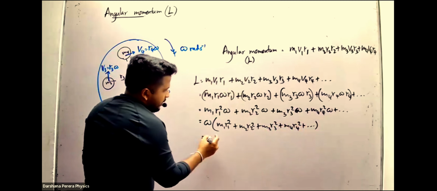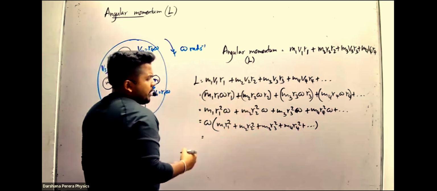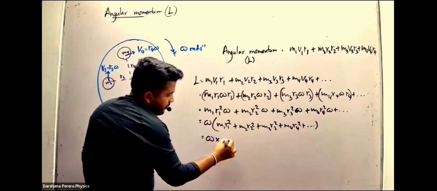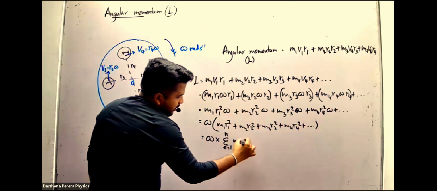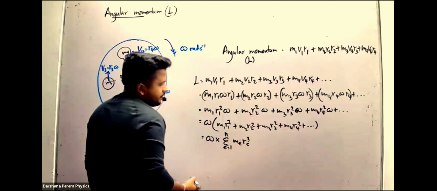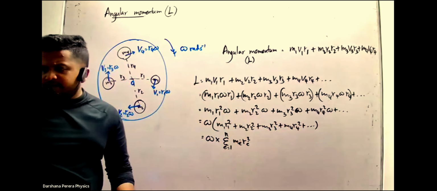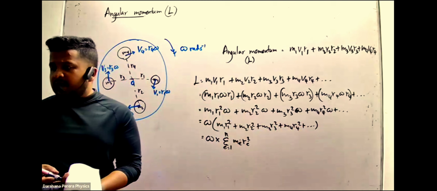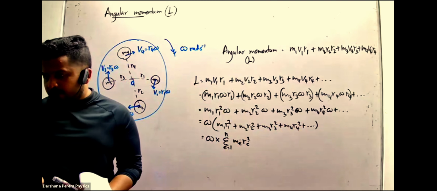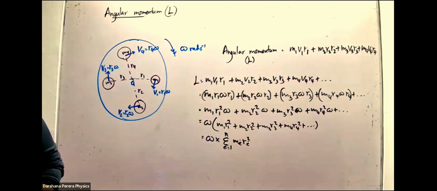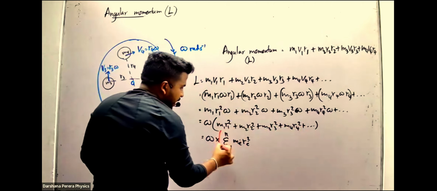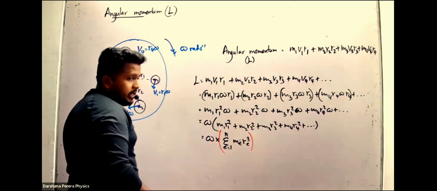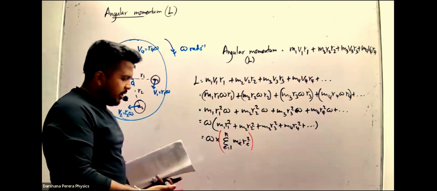Therefore, what is this one? Omega into the summation from i equals 1 to n of mi ri square. What is mi ri square? You know, this is I, the moment of inertia.